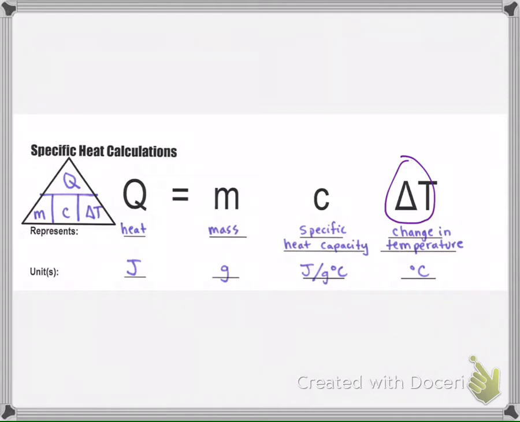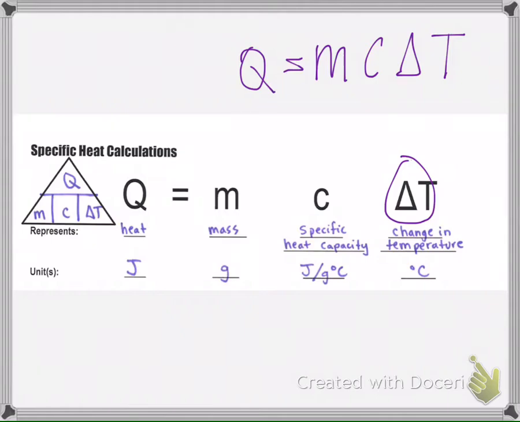I heard it when I was in high school and also when I was in college. Whatever helps students remember it, Q equals MC times delta T, or you can also call it Q equals MCAT.